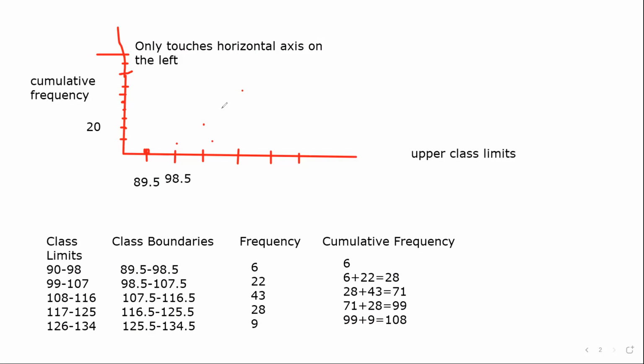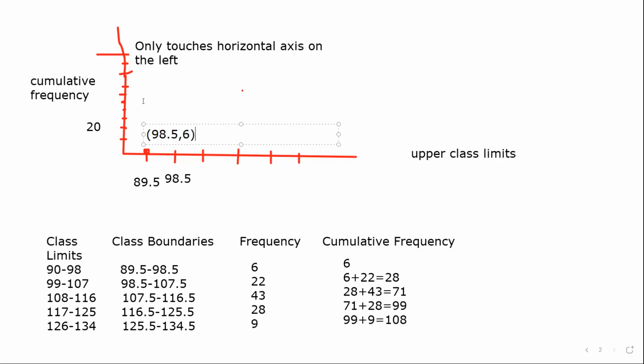Then I have 116.5. Oh wait, 98. What did I do here? I'm missing one. So let me label these. This is going to be 98.5 and 6.